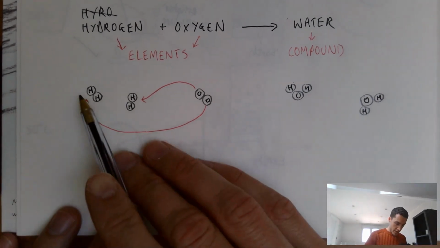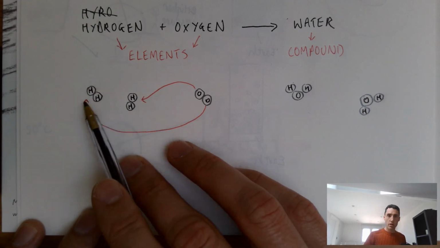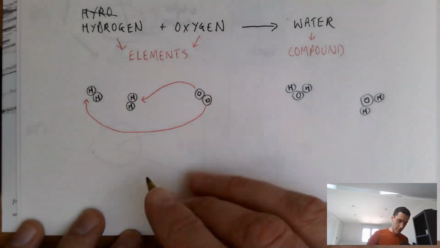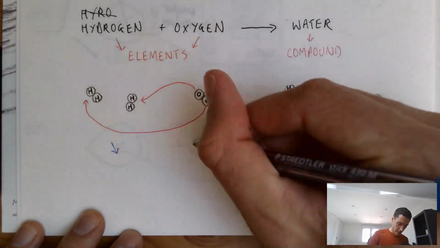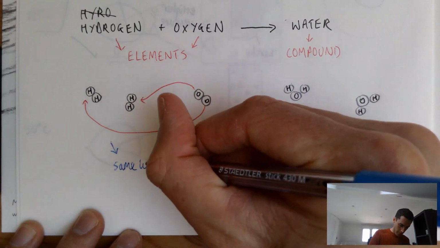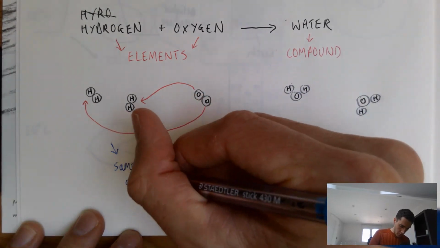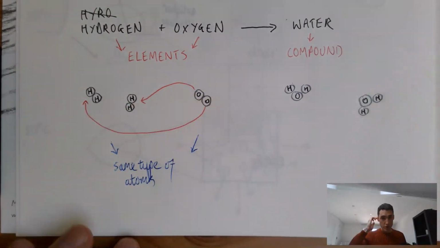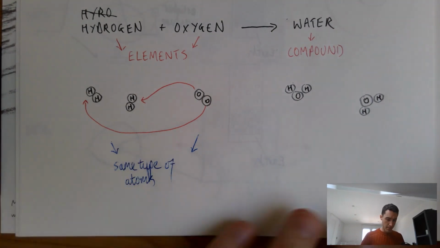But I might draw students' attention to the fact that what makes hydrogen an element is that all of the atoms are of the same type. Likewise for oxygen. So I might draw an arrow like this and label this and say we've got the same type of atoms here, which is why we call hydrogen and oxygen elements, because they're made up of the same type of atoms.